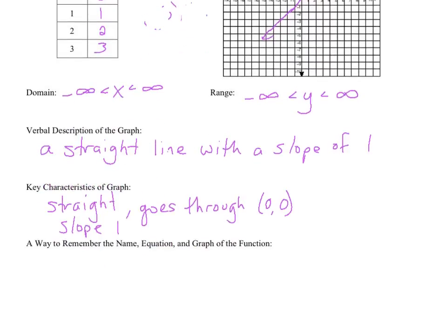And a way to remember the name, equation, and graph of the function: I'm picking the easiest one to do. You'll have to be creative on what you think will help you remember the other ones, so just come up with what helps you. For me, a linear function literally has the word line in it, so I know it's going to form a line.